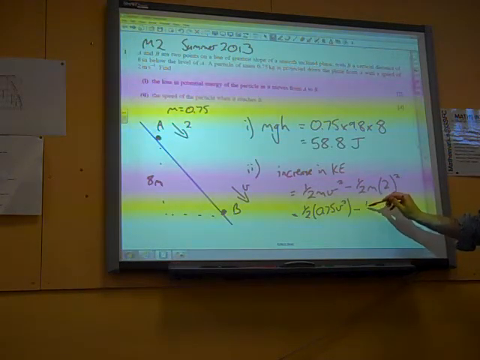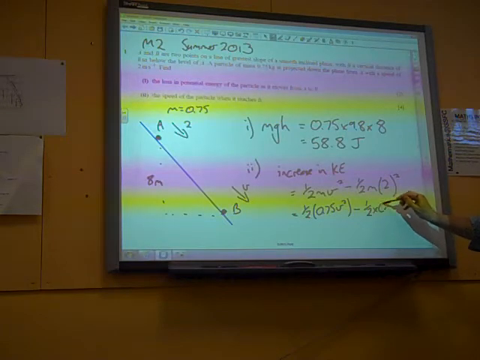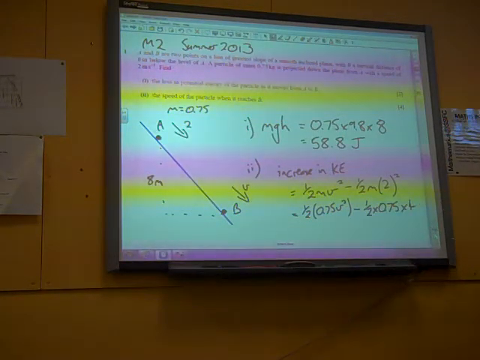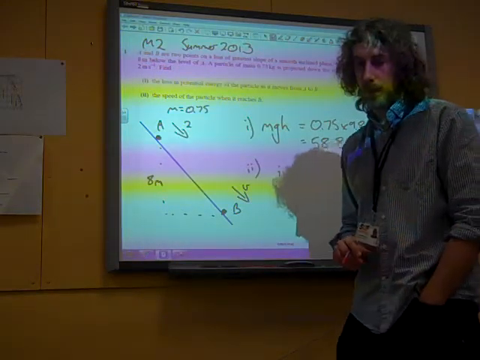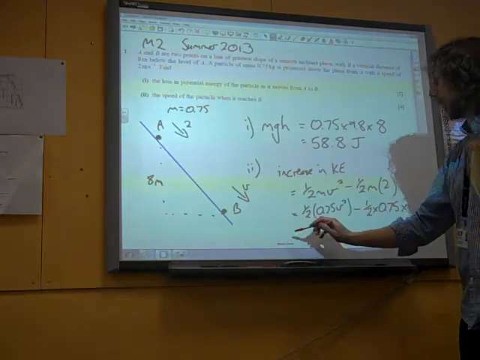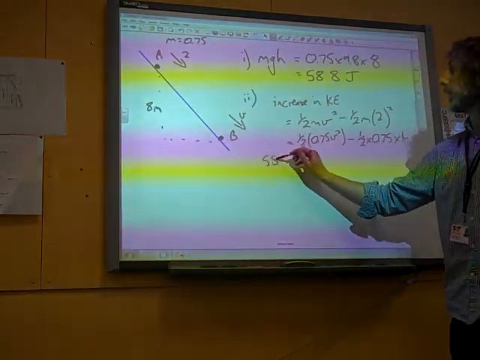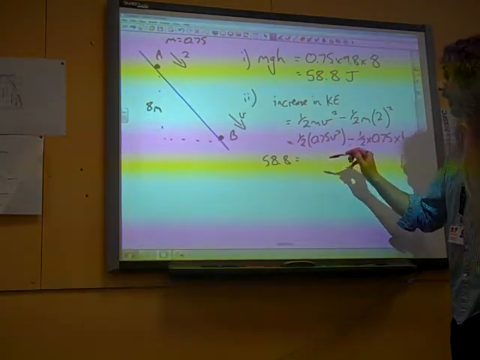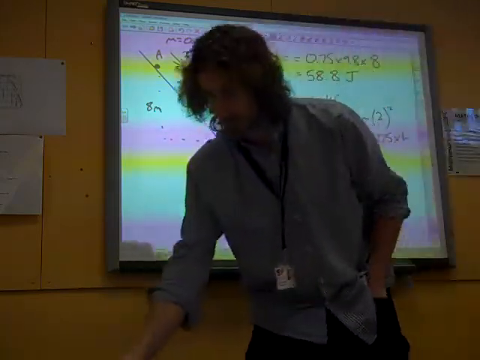minus a half, so that's 0.75 times 4, and that change is equal to 58.8, that's what we had in the first part. This works out as quite a nice set of figures, isn't it?